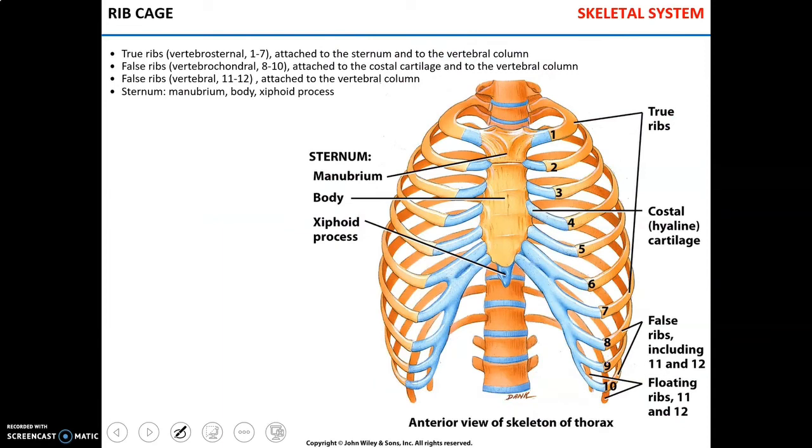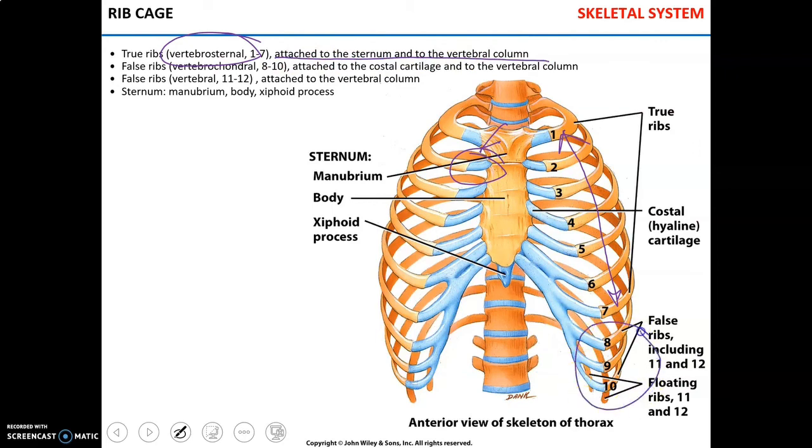Ribcage consists of 24 ribs organized in 12 pairs. There are true ribs and false ribs. First 7 are true ribs. They are also called vertebrosternal because they are attached to the sternum and to the vertebral column.